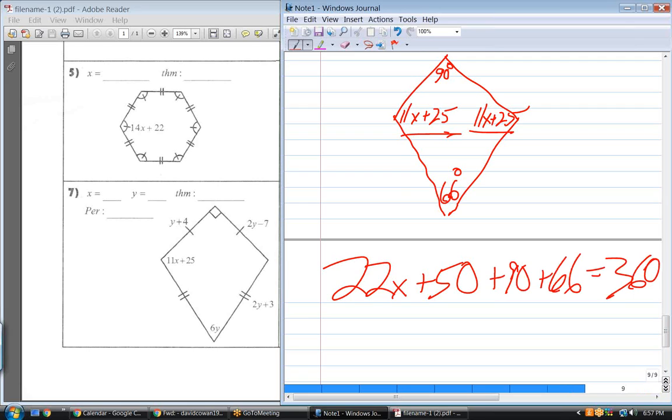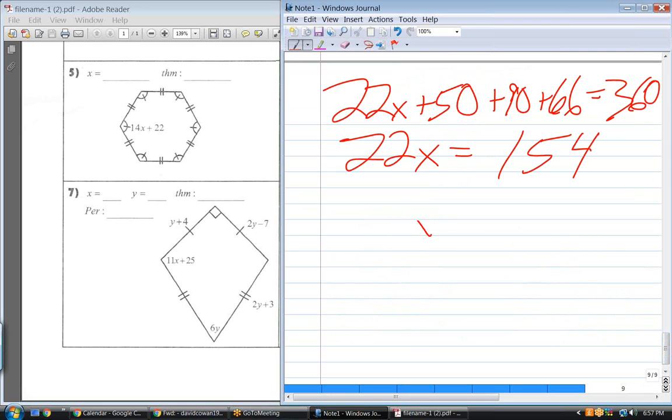Then 22x equals 154, which makes x equal to 7.